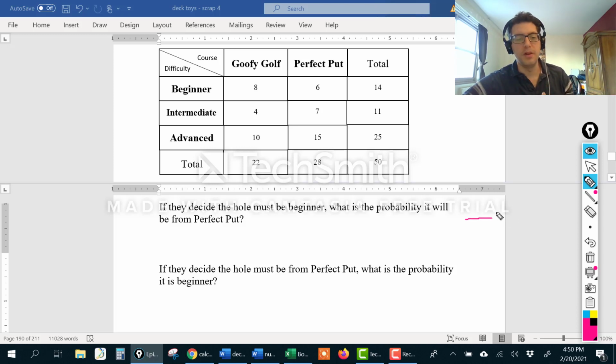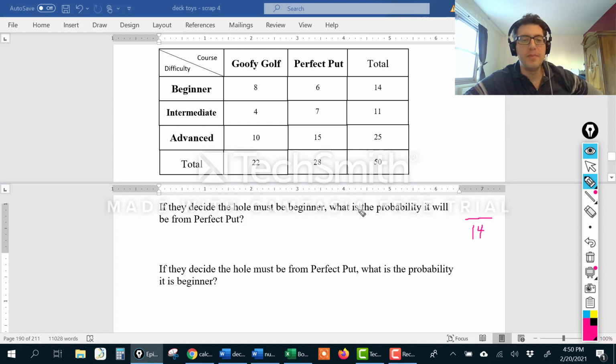But in this problem, for whatever reason, Gary the Golf Guy and Patty the Pro decided that the hole they want to compete on must be a beginner hole. So now in the denominator, we're not going to put the grand total 50. We're just going to put the total of all of the beginner holes. So here are the beginner holes in this row. The total is 14. That's what we're going to put in the denominator this time.